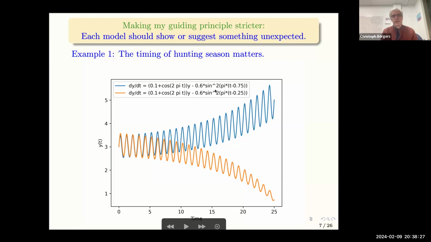And I compare two cases, one where you hunt in the fall and the other one where you hunt in the spring, as it were. And the two hunting terms here are just phase shifted by half a period. And the interesting thing is that whether you hunt in one season or in the other season can make the difference between the population growing exponentially or the population going extinct.